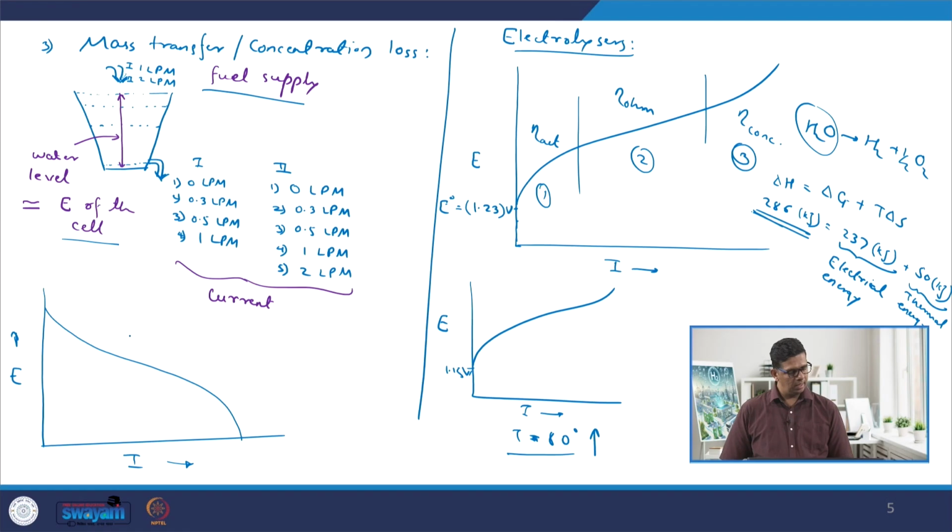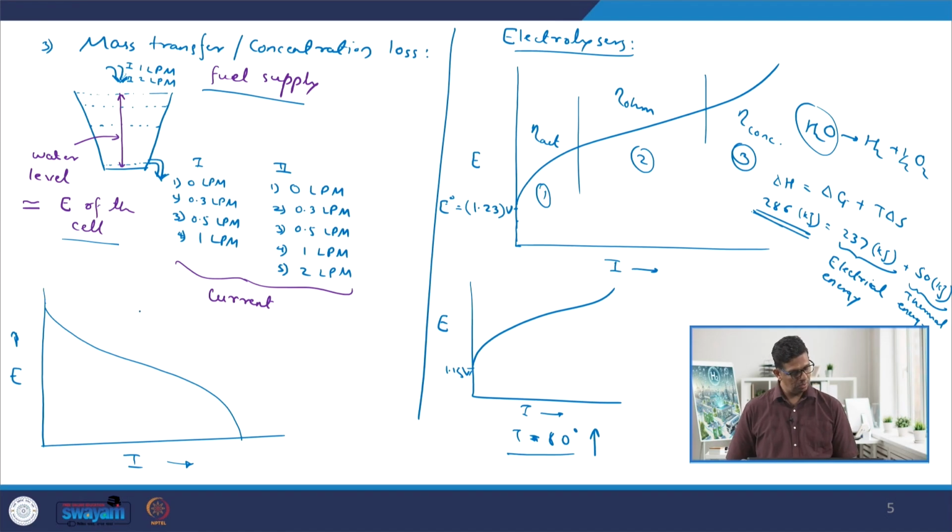As I have already mentioned, this flow rate of fuel supplied to the cell has its impact only particularly in the third zone. So, even if I increase the flow rate, we cannot expect the fuel cell performance curve to go like this. It will not happen like this.